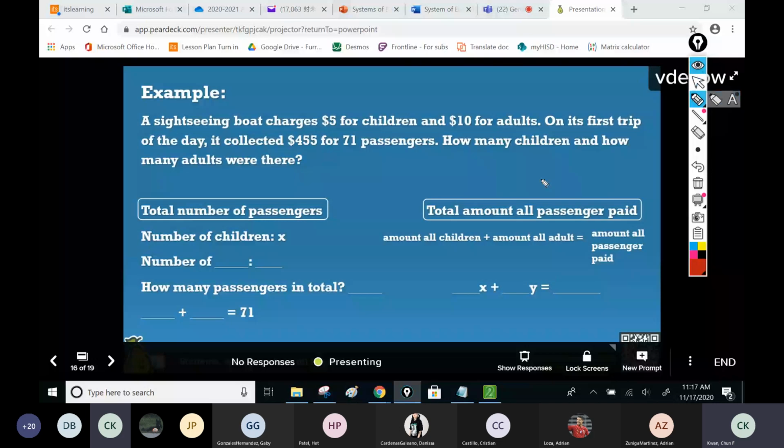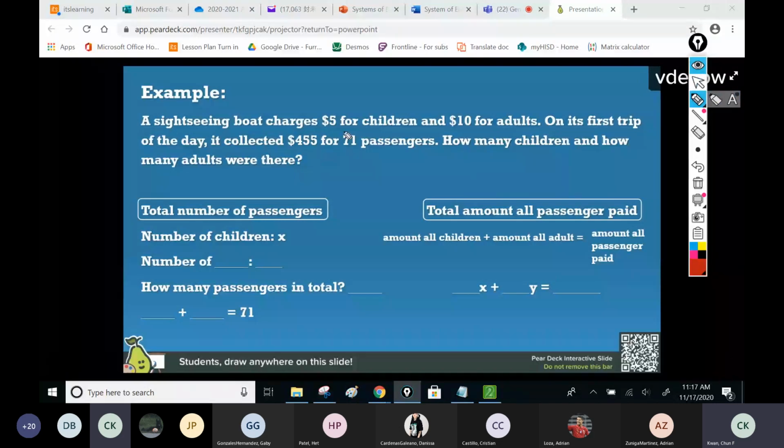Let's look at the first statement first, all right? It charges $5 for children and $10 for adults, but you don't know how many children, so let's just say it's your X. And you don't know how many adults, so that's going to be your Y.